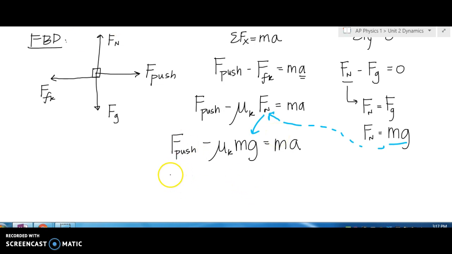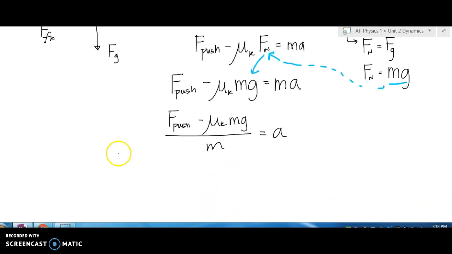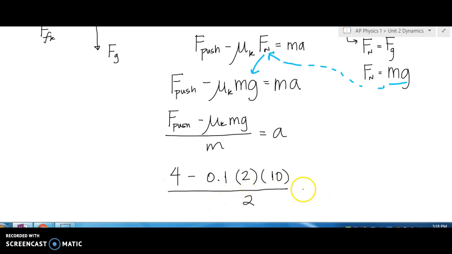Now, that means that force push minus mu k mg, divided by m, will equal a. So I think the push force was 4 newtons minus 0.1 for the coefficient of kinetic friction times 2 for the mass times about 10 for the gravitational field, divided by 2 equals a.